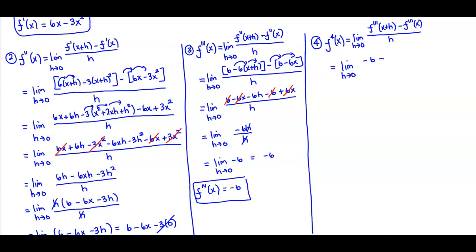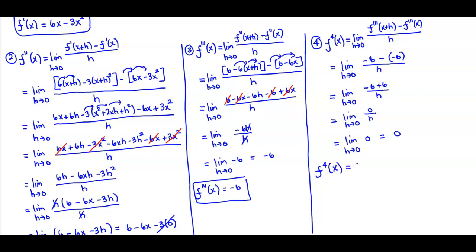And then it's going to be minus the third derivative, which is negative 6. And then we're going to divide that by h. So the limit as h approaches 0 becomes negative 6 plus 6 over h. Negative 6 plus 6 is 0 over h, which means this becomes the limit as h approaches 0 of 0, and that means that 0 is a constant. So we would say that the fourth derivative of this function is going to equal 0.